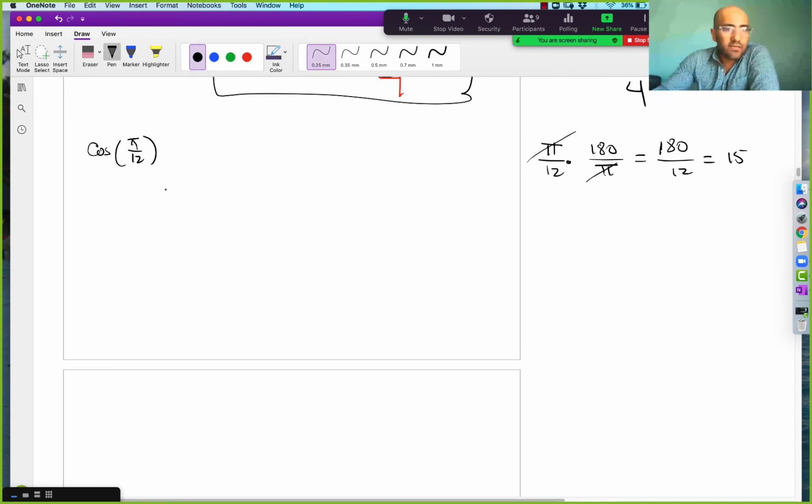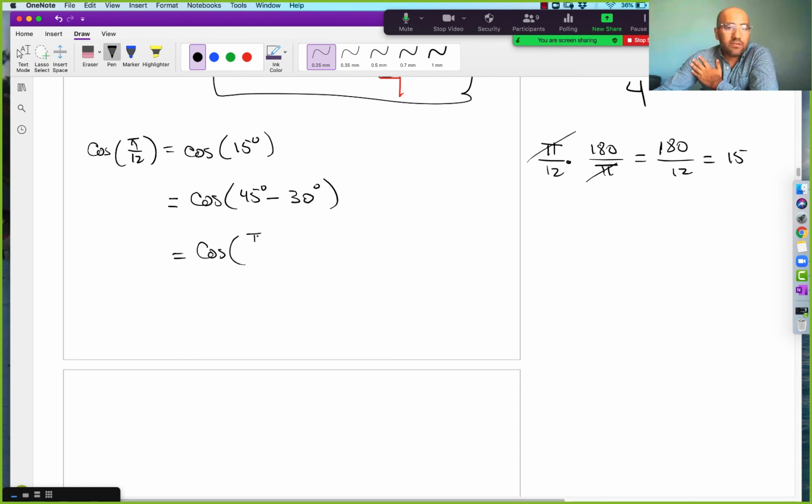Okay, so this is the same thing as asking you, what is cosine of 15 degrees? And in terms of our standard angles, that's the same thing as cosine of 45 degrees minus 30 degrees. Right, that's 15 degrees. We can always go back to radians now, since now we know it's easier to work with it.